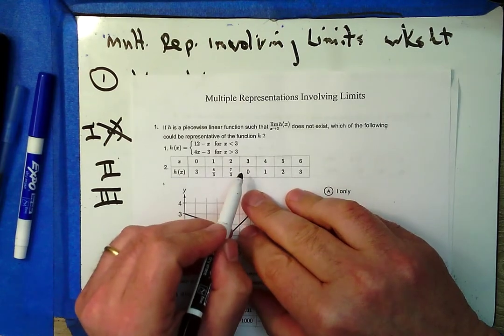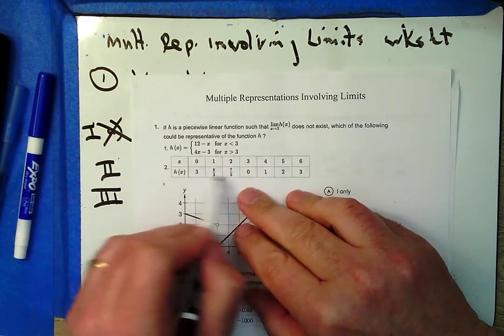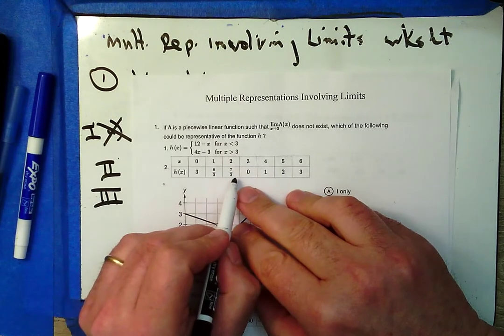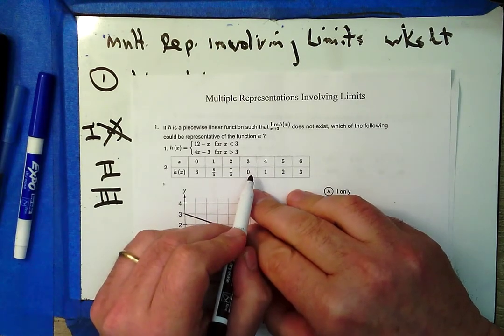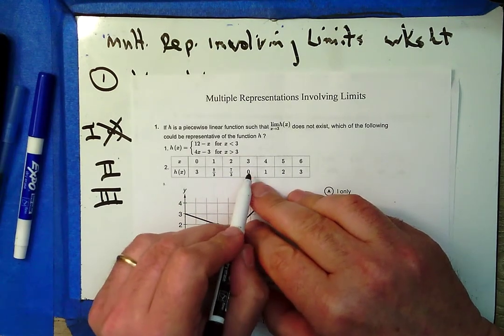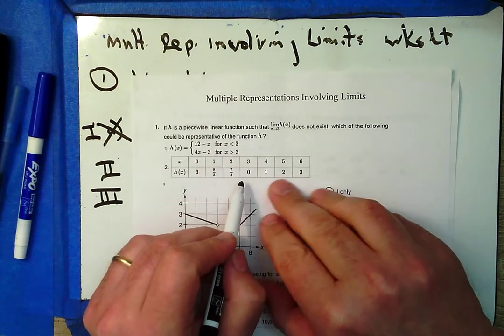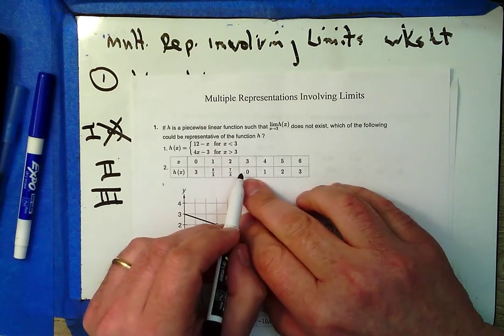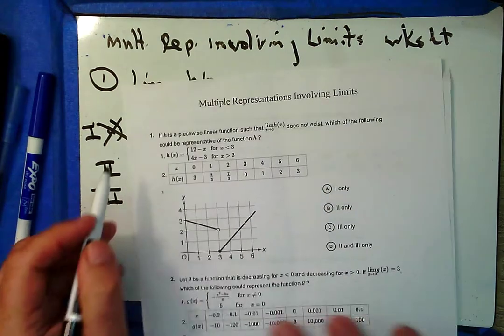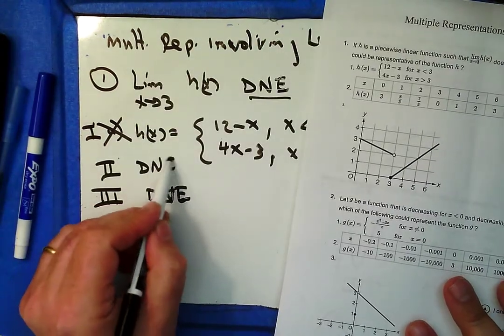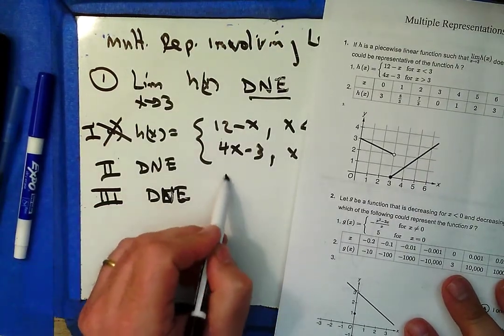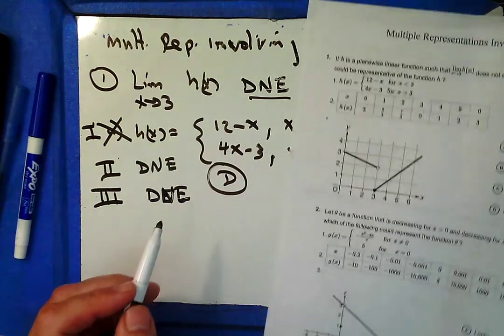Yeah, no. This is a jump discontinuity then, because this piece is going down by 1/3 each time, and by the time we get to 3, the value will be 6/3 or 2, whereas as we come from the other side, we're going to have 0, so the limit does not exist there either. So 2 and 3, which is choice D for number 1.